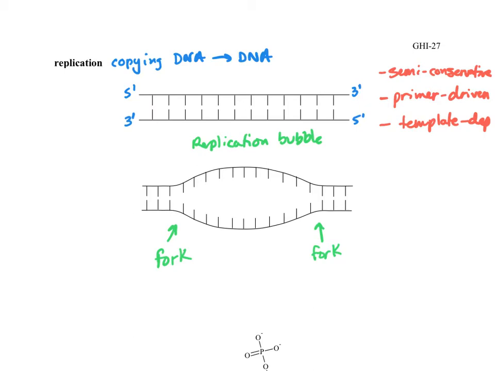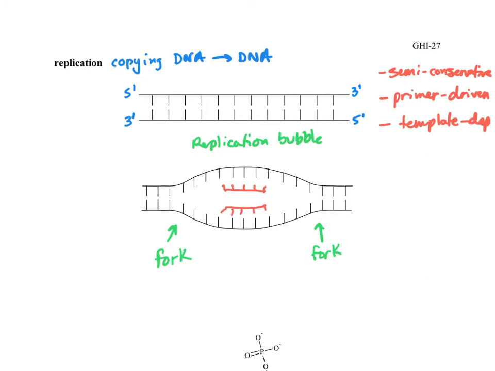We could also point out that we end up with two areas where we go from single-stranded to double-stranded and then double-stranded back to single-stranded. We call these replication forks, and these are terms that are used often in other classes and in things you might read. Now, the idea of semi-conservative is that when we tear apart DNA into single strands this way, ultimately we're going to make replication of a new strand with the old strand, and we're going to do so on both sides.